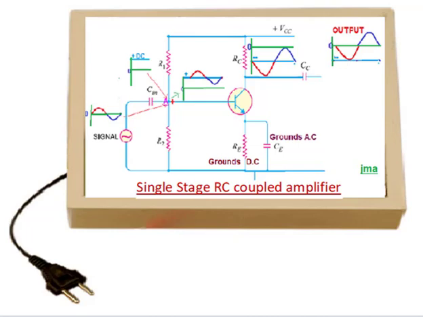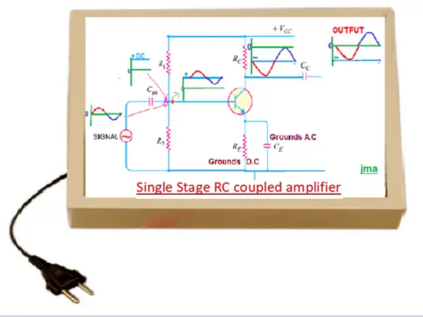This type of bias is known as reverse bias. So the transistor is used to construct an amplifier with the emitter forward biased, base forward biased, and collector reverse biased.